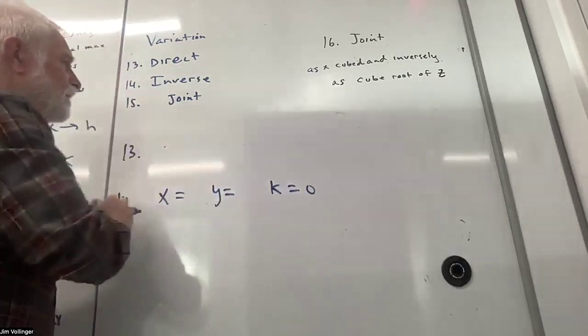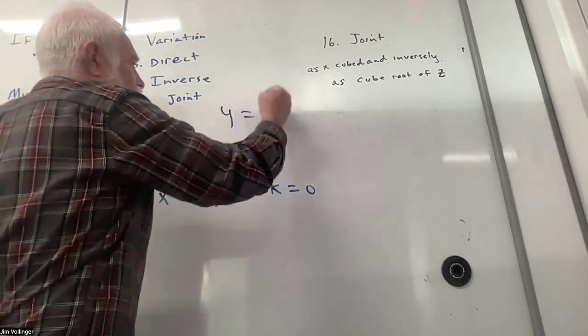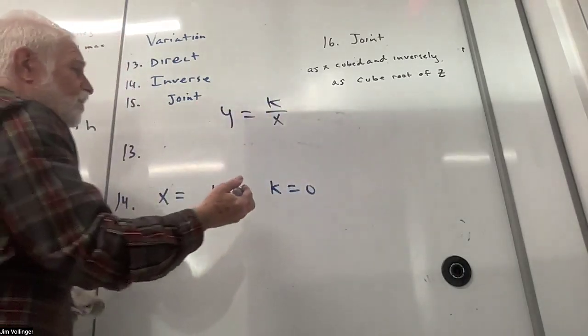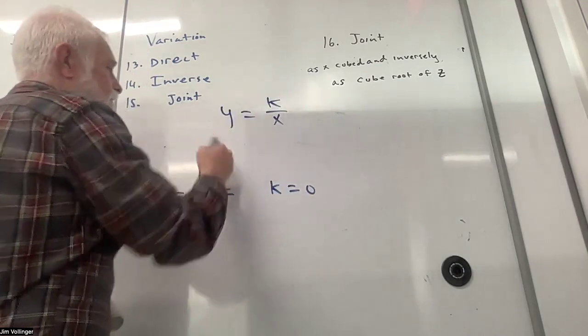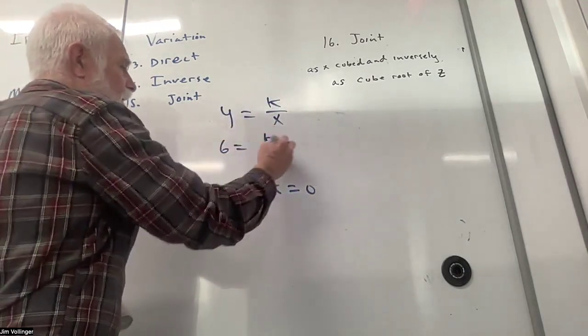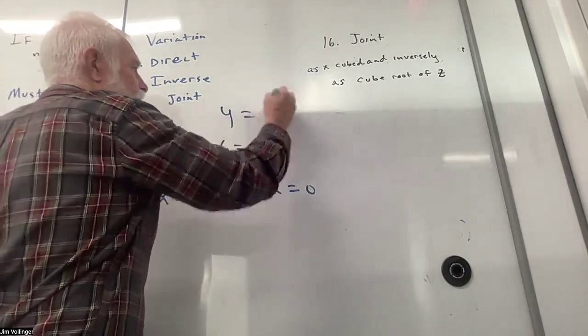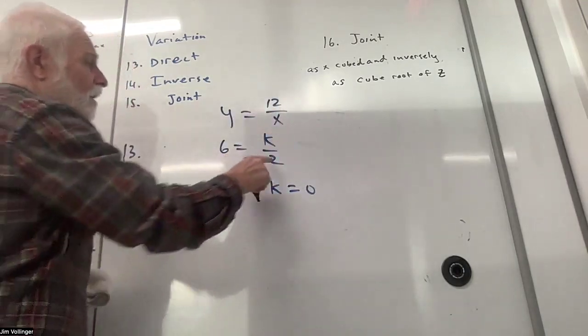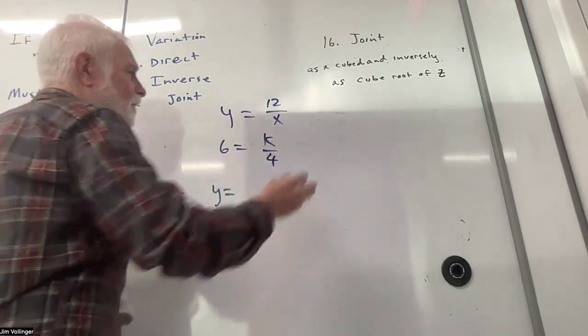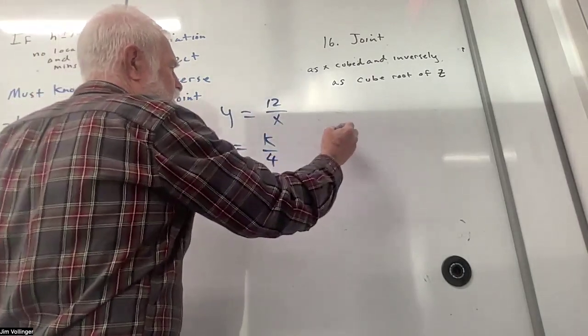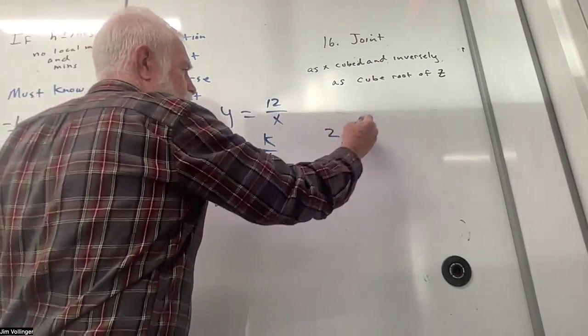Next, inverse variation. Y equals K over X. Let's say X is 2 and Y is 6. Then 6 equals K divided by 2. I now know that K is 12. If I change one of these numbers, make that 4. Remember, a 2 got us a 6.